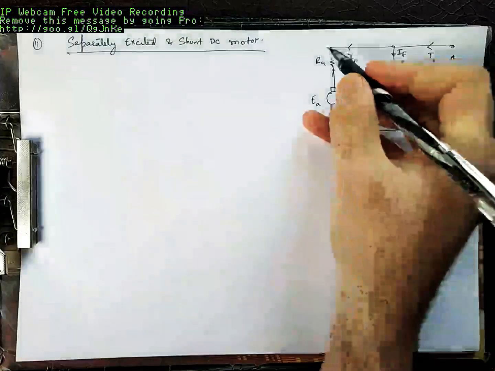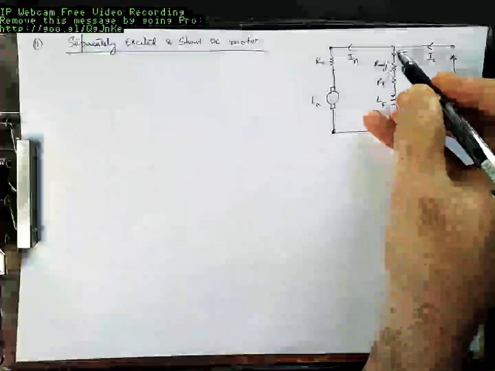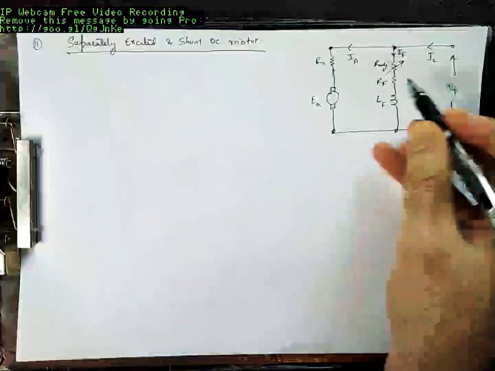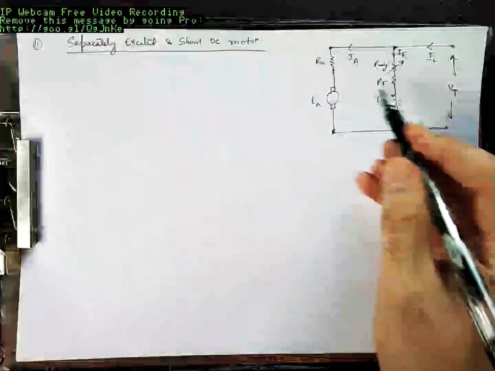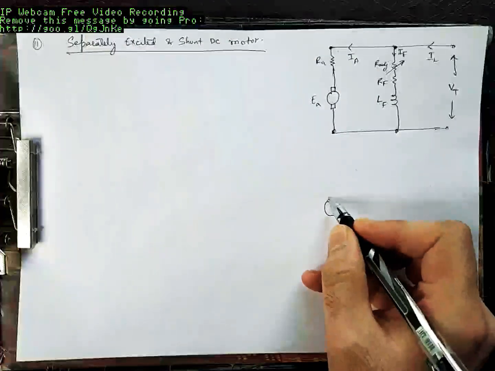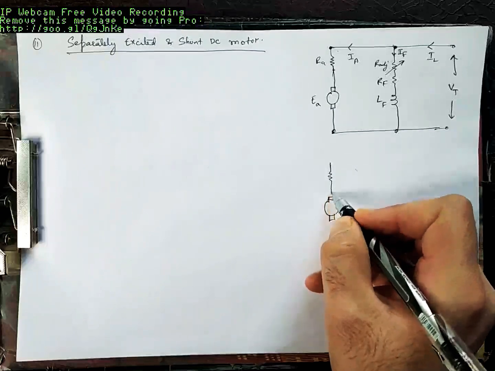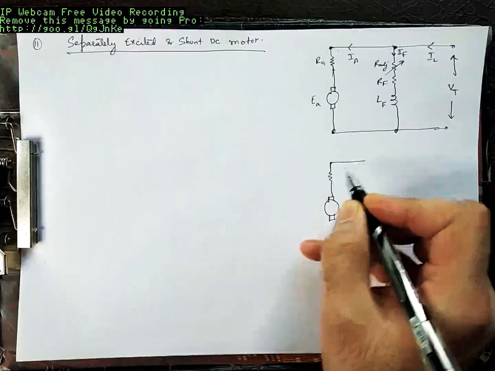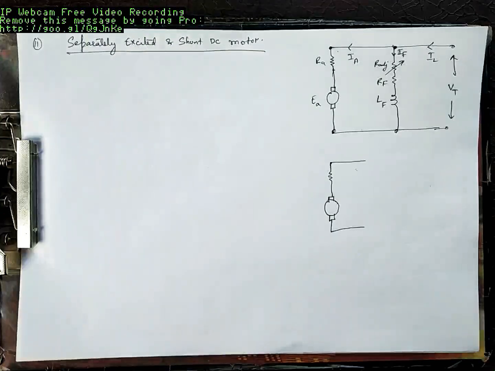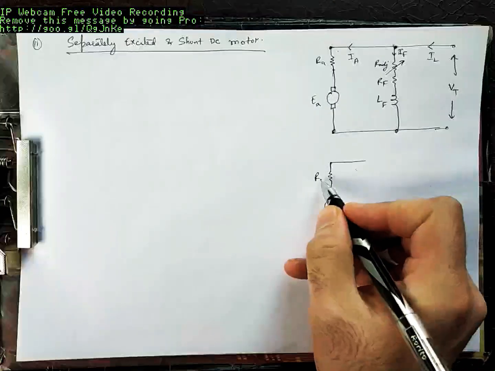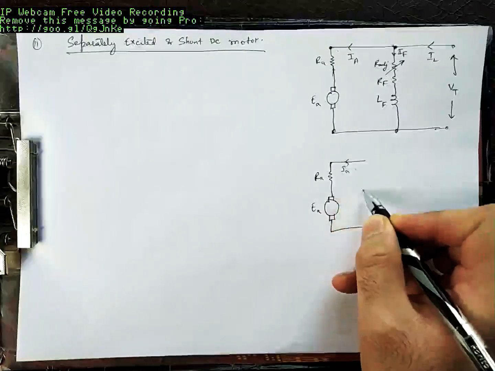What is voltage across these two terminals, armature terminals? VT. What is voltage across field terminals? Same as VT. I can also draw this circuit. If voltage VT is constant, I can draw this circuit. RA, EA, this is IA, this is VT.